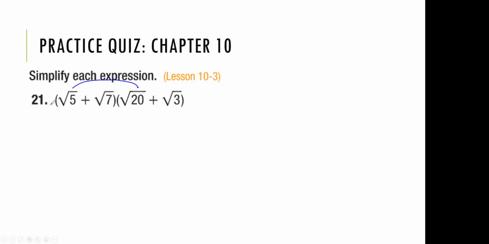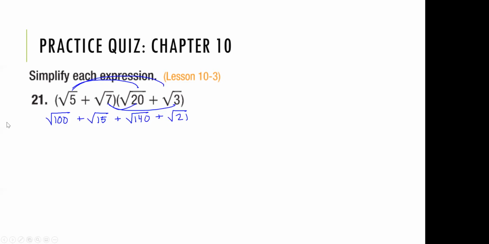So we've got radical 5 times radical 20, that would be radical 100 plus radical 5 times radical 3, which would be radical 15, and then radical 7 times radical 20, which would be radical 140, and then radical 7 times radical 3 would be radical 21.